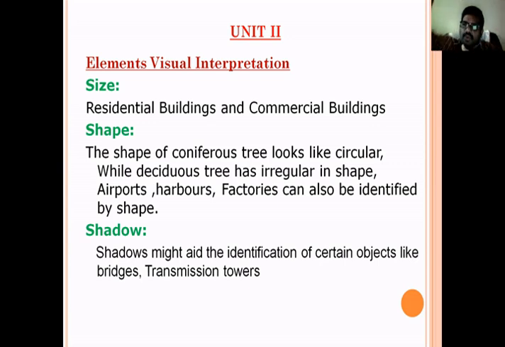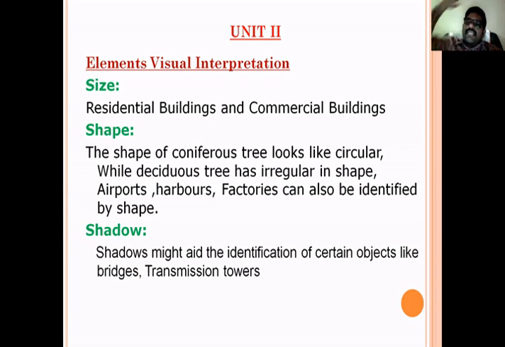the large coniferous trees look circular in shape from a vertical angle. When the analyst is trying to find out the features of a forest, if the trees have a circular dome-like appearance, he can conclude this is an area where a large number of coniferous trees exist.